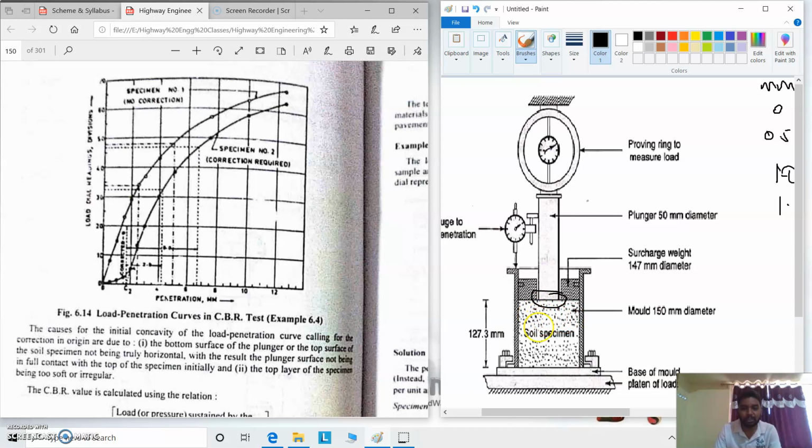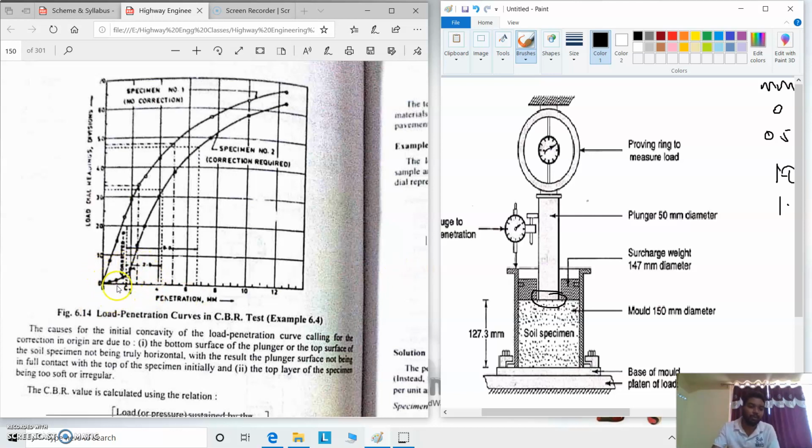Or the top layer of the specimen is too soft or irregular. These are the two conditions because of which we may get a curve like this. The first condition is that the plunger is not horizontal to the specimen, or in the second case, the top layer of the specimen may be too soft or irregular. In that case, you may get a curve like this.